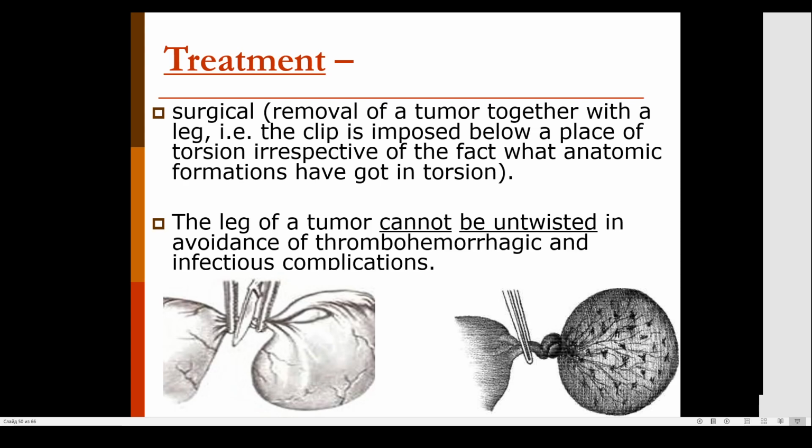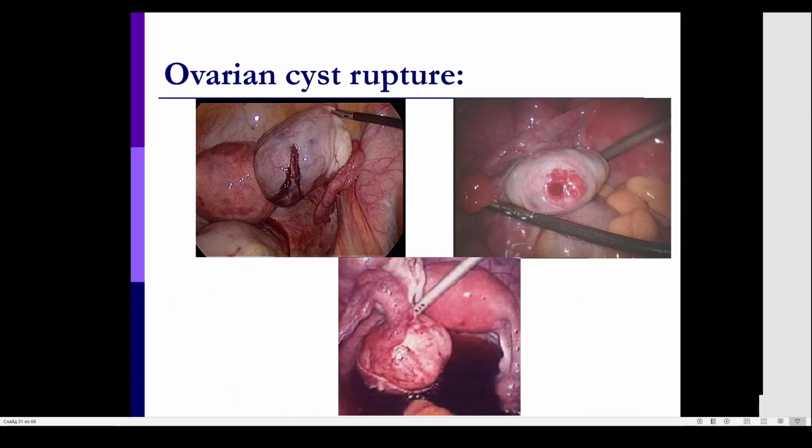I draw your attention: this is to avoid thrombohemorrhagic and infectious complications, because if we untwist the tumor, all the toxins that are present because of necrosis of the ovary can pass into the general blood supply and provoke toxic shock, so we can't untwist this formation.